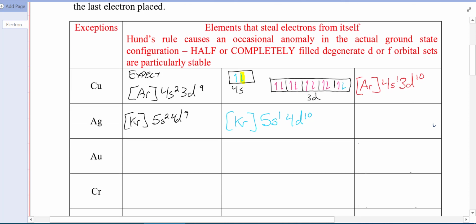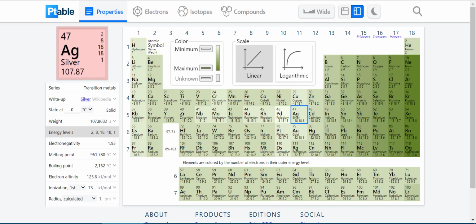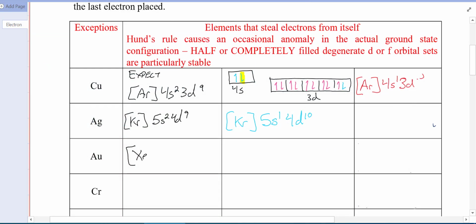Gold. If we look at gold, let's go to the table. There's gold. We expect xenon 6s2, and make sure you throw in the 4f14 and 5d9. That's what we expect. But we can't forget the 4f14. Now, some people do all the time. Technically speaking, it's not core because it doesn't fill with xenon.